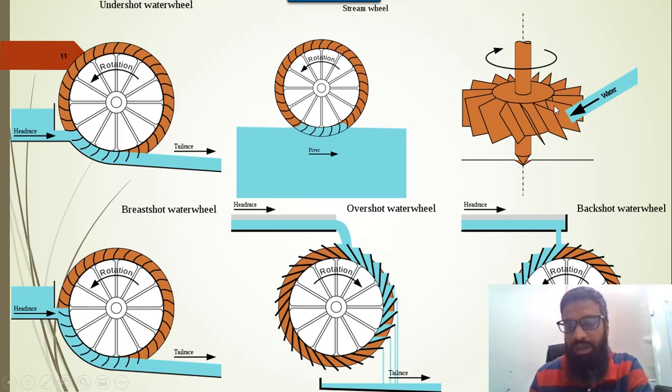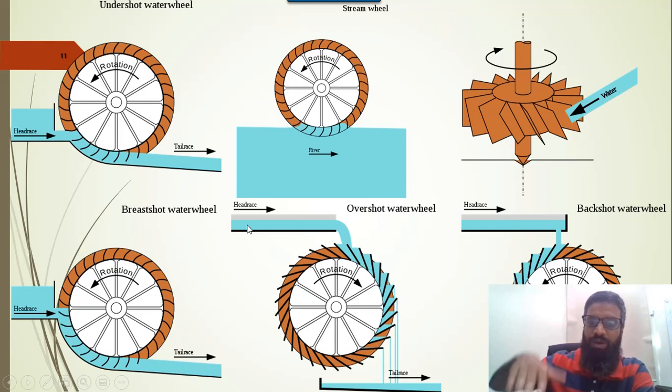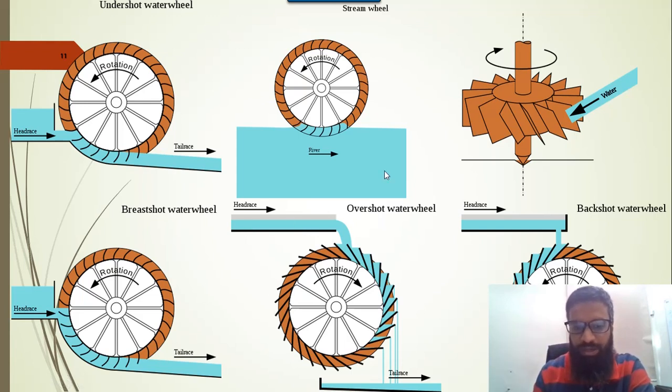And this is another type of undershoot water wheel. Now this is another type, the breastshoot water wheel. Similarly, this is the overshoot water wheel, where the water is above the turbine, and due to the flow of the water, the turbine starts rotating.